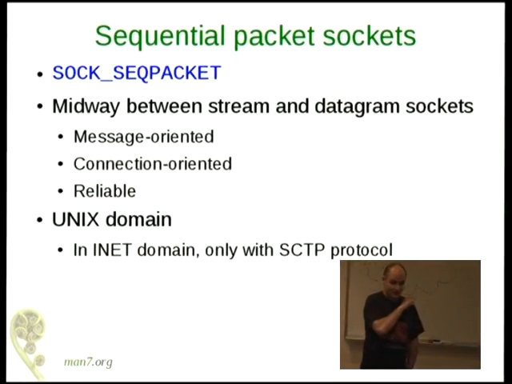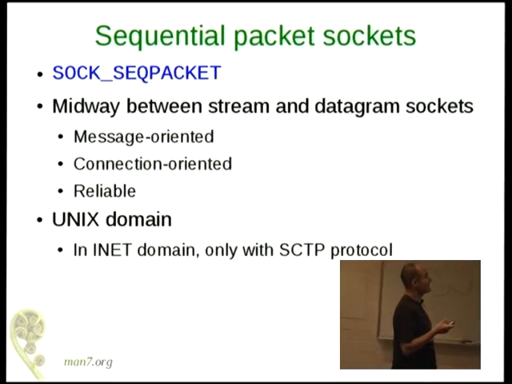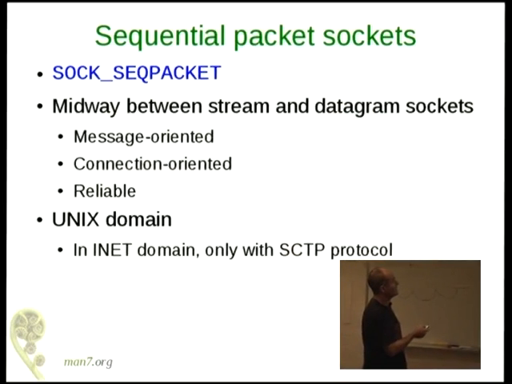This third type of socket that I mentioned, it's not so commonly used because not all systems have it, but a sequential packet socket is a bit like a mixture of those 2 socket types. It's message-oriented communication, so whole messages are read and written, but it's connection-oriented and reliable.